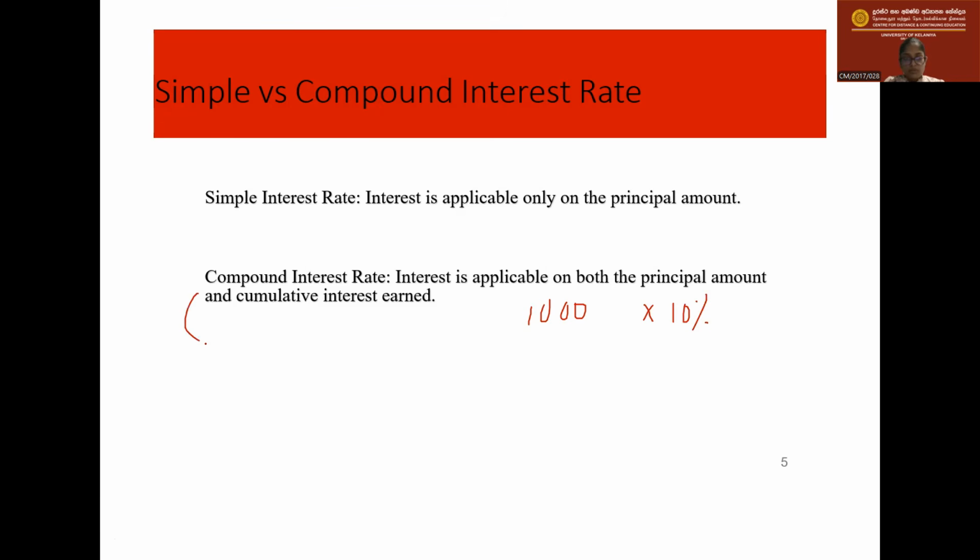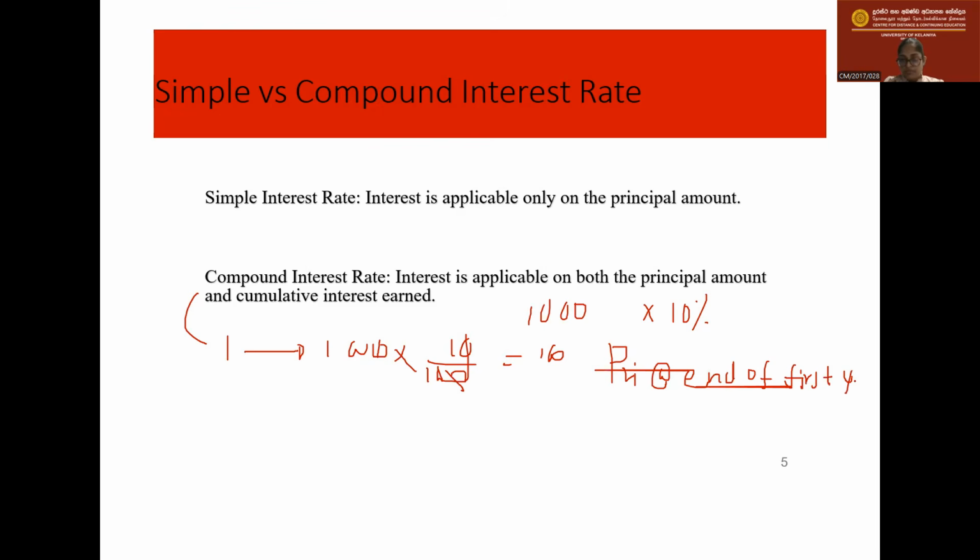Therefore, compound interest in 1 year, how much is our interest? 1,000 at 10%, 100 is our interest, right? So what is our principal at the end of the first year?